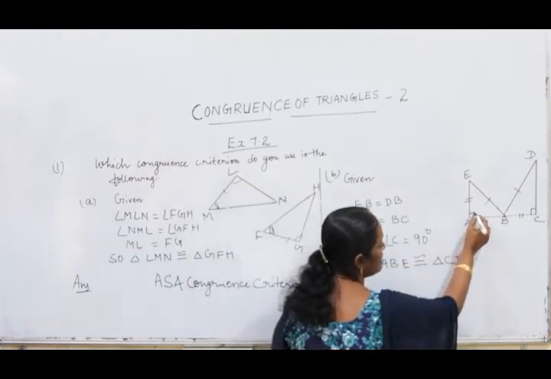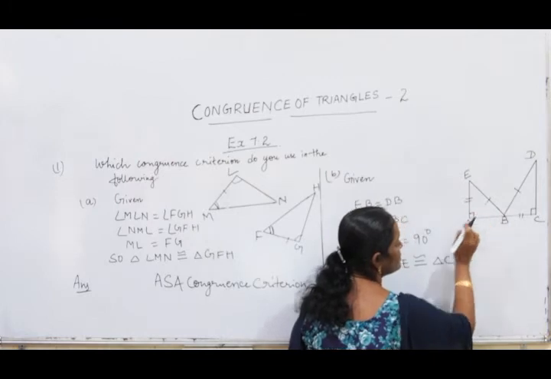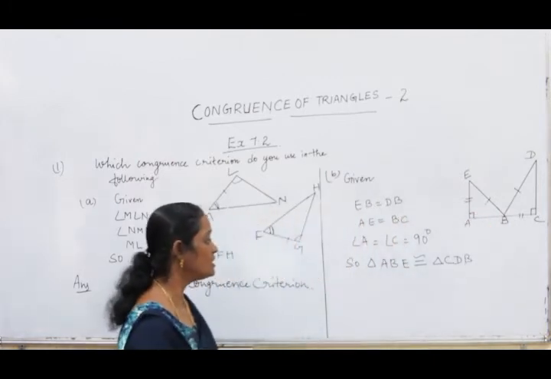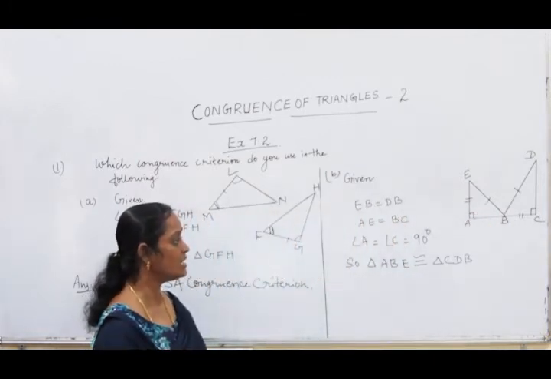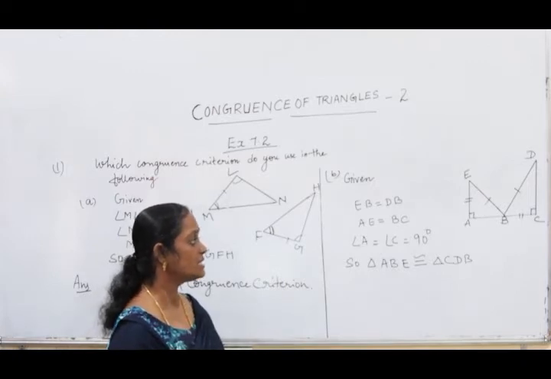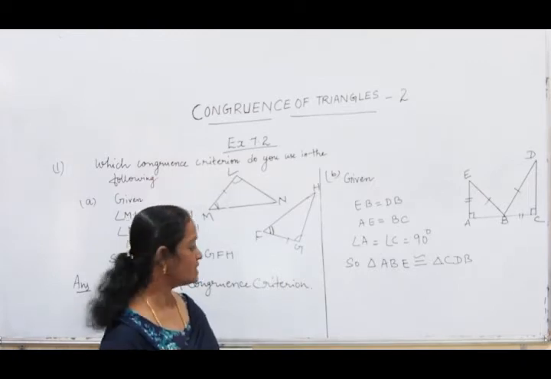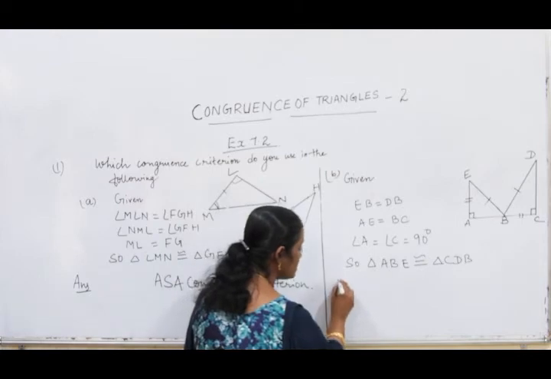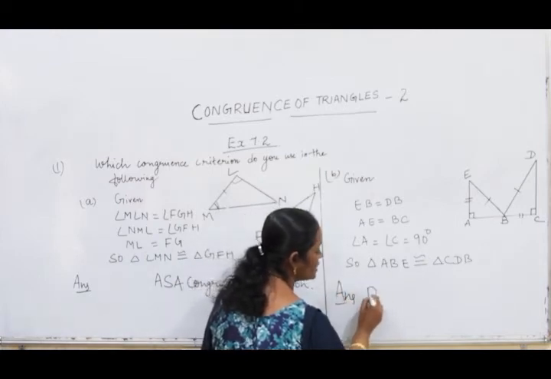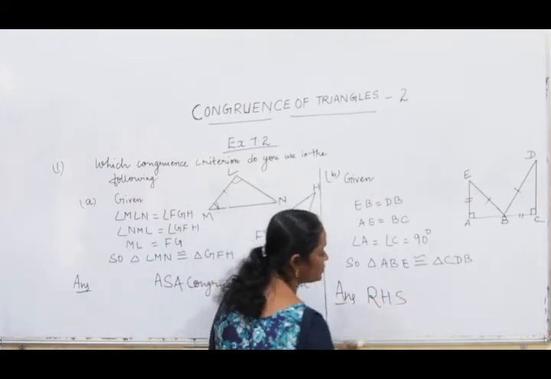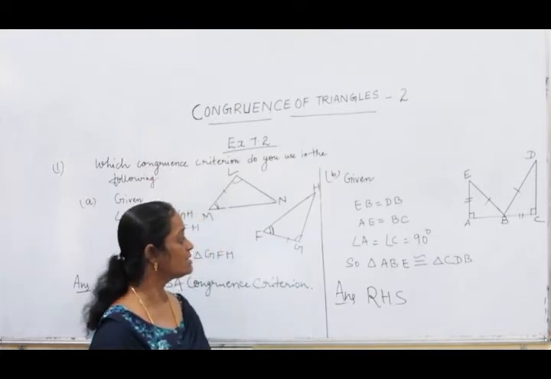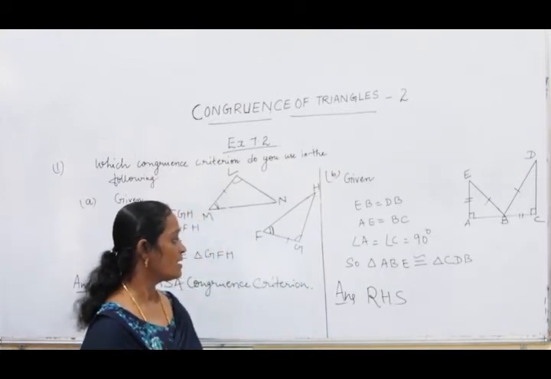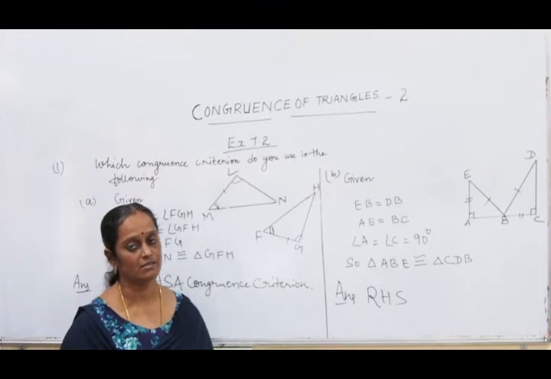This angle A and angle C are equal and they are equal to 90 degrees. So these two triangles, triangle ABE is congruent to triangle CDB by which criterion? So the answer is here the RHS congruence criterion, right angle hypotenuse side. By the RHS congruence criterion, both triangles are congruent.